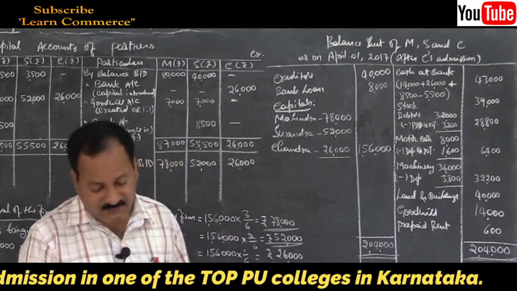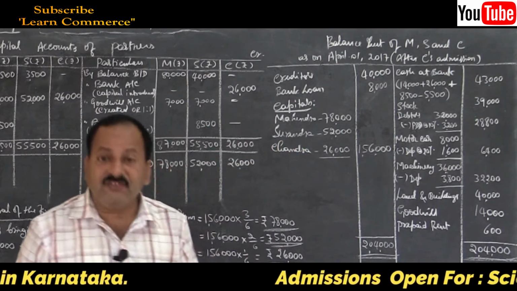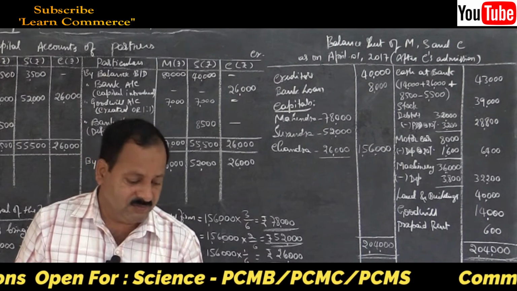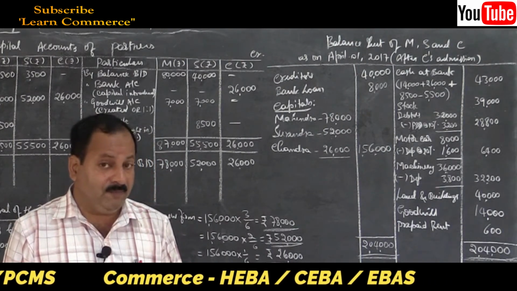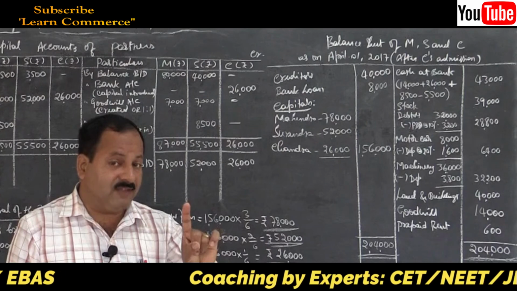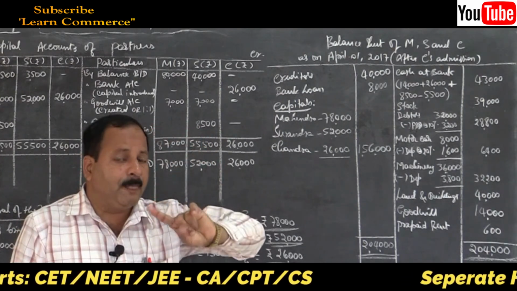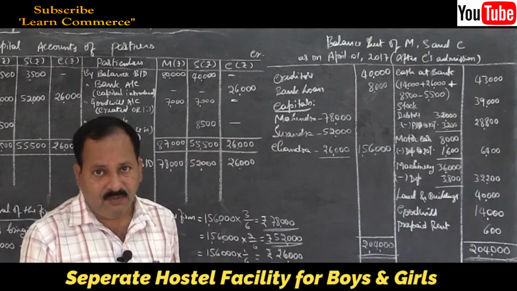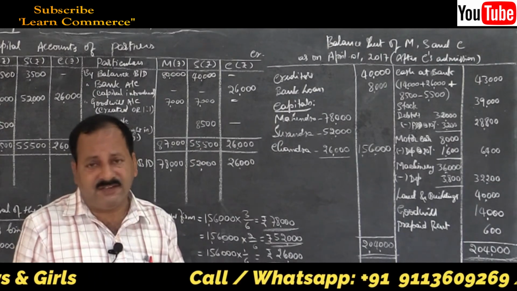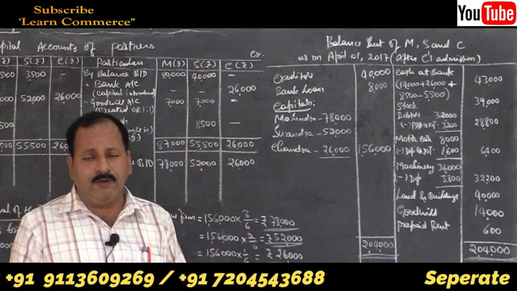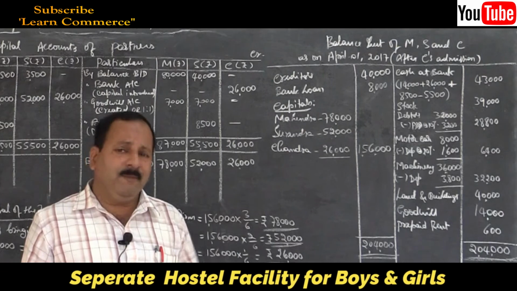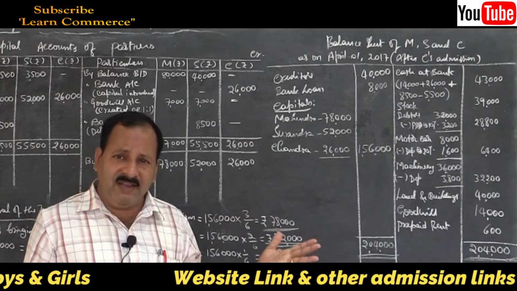This is how you have to solve a problem on adjustment of capitals. They may ask you a problem on adjustment of capitals with goodwill treatment under any method: first, second, third or fourth. It will not make any difference for us. We will treat the goodwill normally.